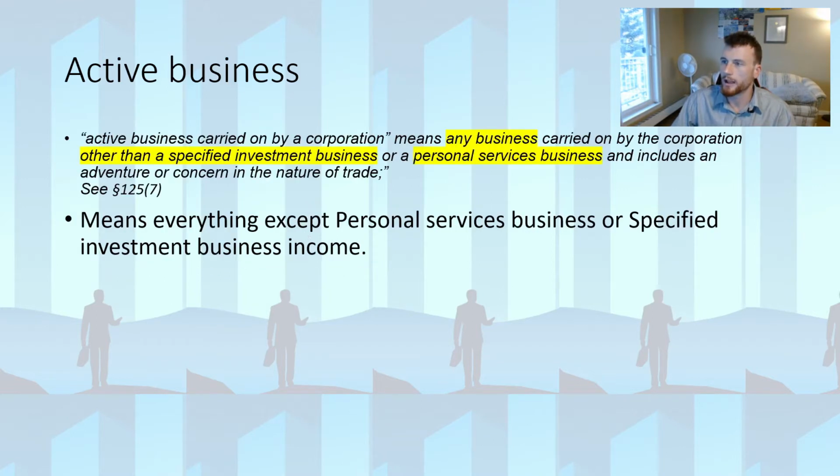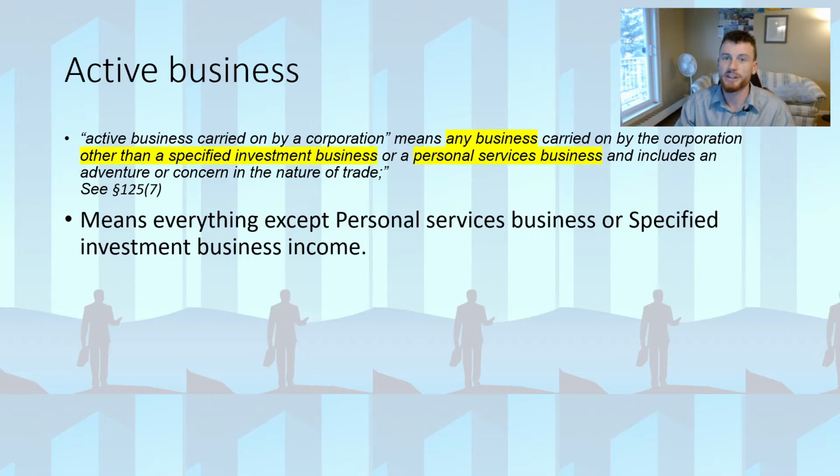Let's look at active business income first. The definition in section 125 part 7 is that active business income is a net income that is received by any means other than specified investment income or personal services business income.